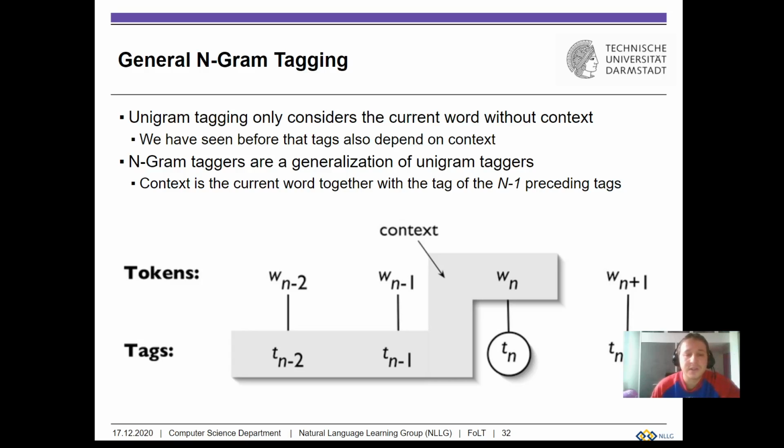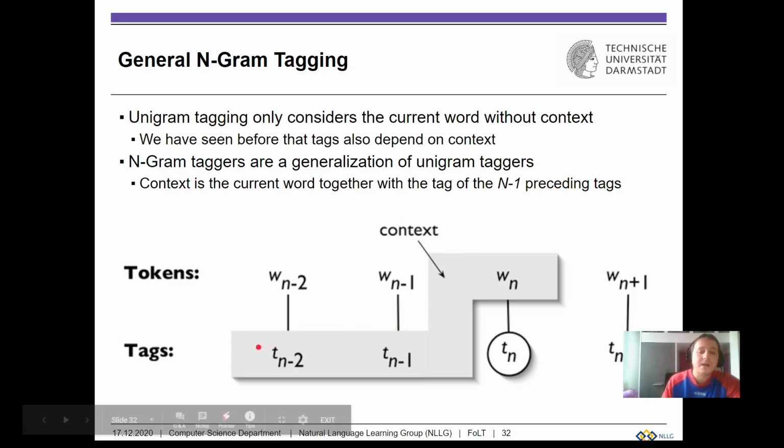So the context is disambiguating, and the context is giving useful information, and we can generalize unigram tagging to so-called n-gram tagging, where we consider the n-1 preceding tags. We could also consider the n-1 preceding words, but for simplicity, let's assume we instead have access to the n-1 preceding tags.